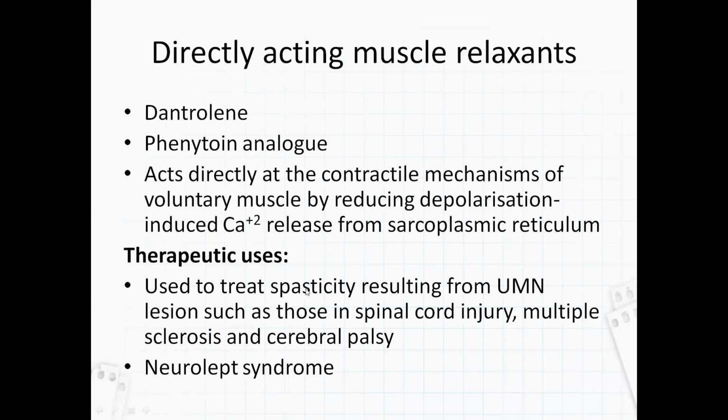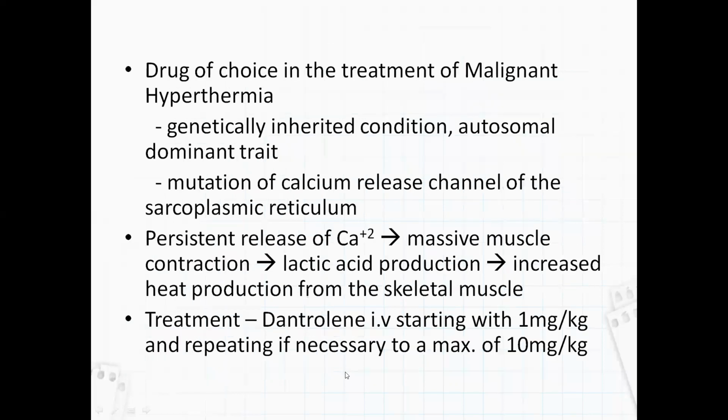It is used to treat spasticity resulting from upper motor neuron (UMN) lesions such as those in spinal cord injury, multiple sclerosis, and cerebral palsy. And also it is used in neuroleptic malignant syndrome. It is also a drug of choice in the treatment of malignant hyperthermia.